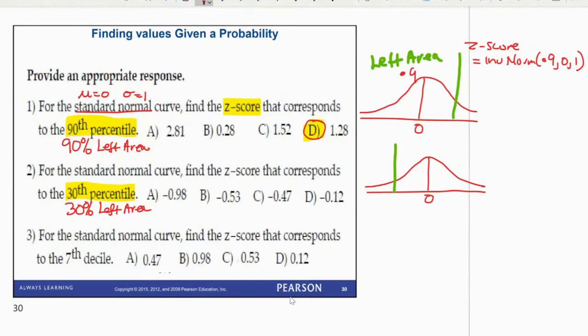So we would say that the left area will be 0.3. So our z-score that we are looking for will be inverse norm. The area is 0.3. The mean is 0. Standard deviation is 1. And then we look for the answer. Okay, Ellen, what did you get?